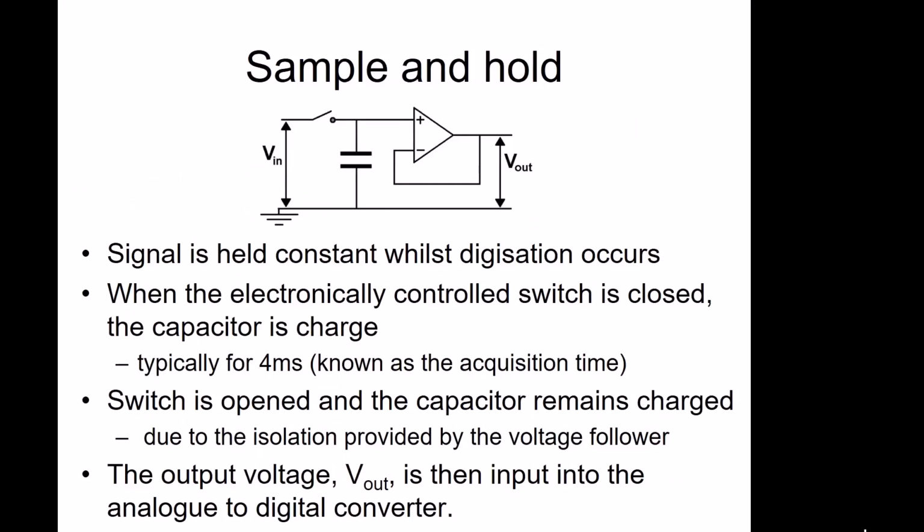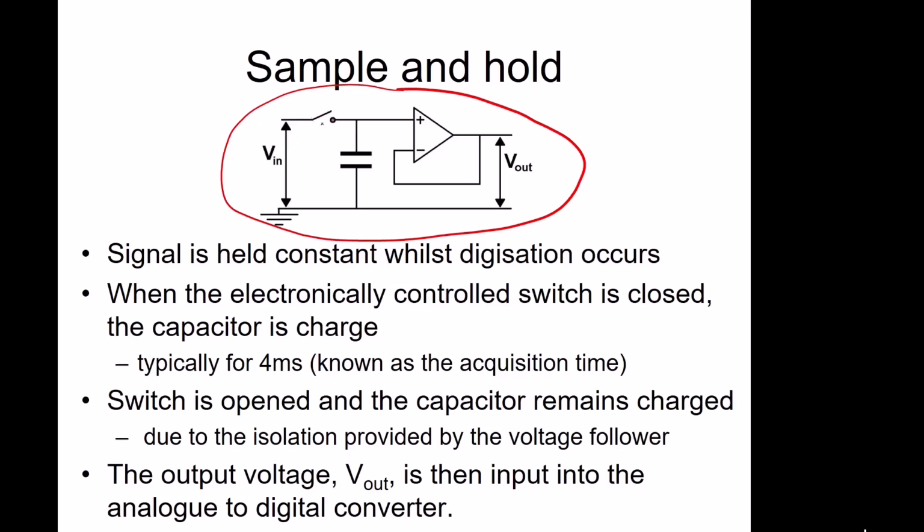Just before the actual analog to digital converter, you have a sample and hold circuit, which looks like this. This is important because you do not want the value to change while you are digitizing it. So you have to hold that value at a constant level. The circuit is fairly simple. All you have is a switch.